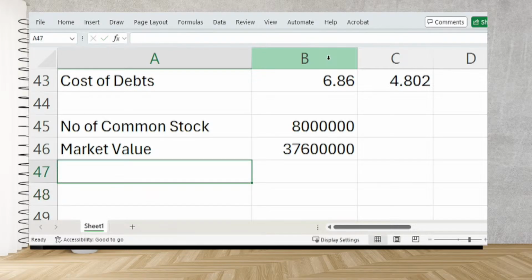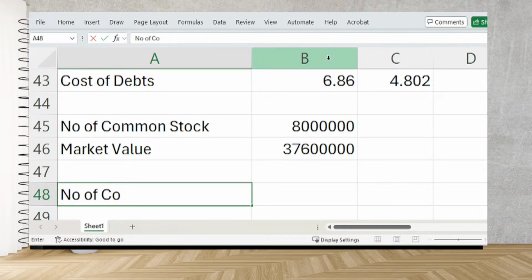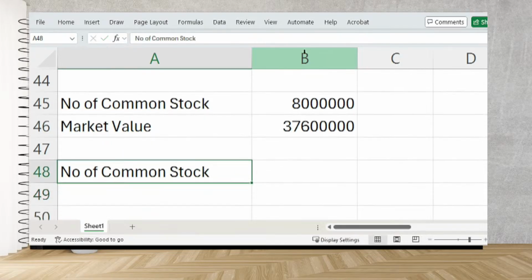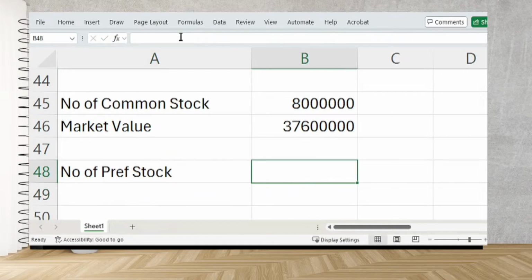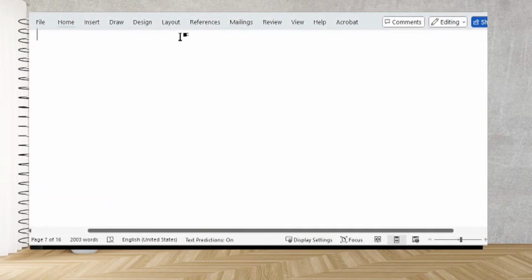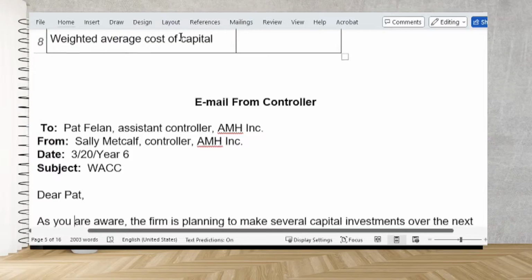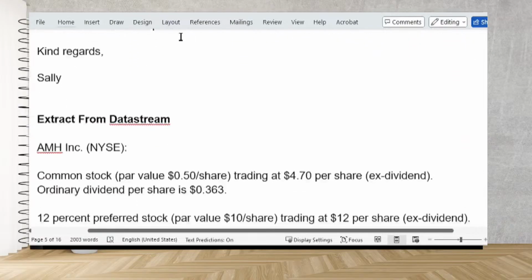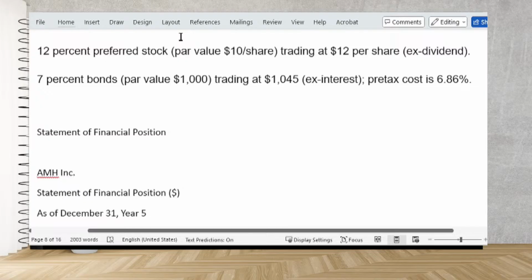So again, we need to calculate the number of, sorry, preferred stock. Preference shares, par value is 10 per share.